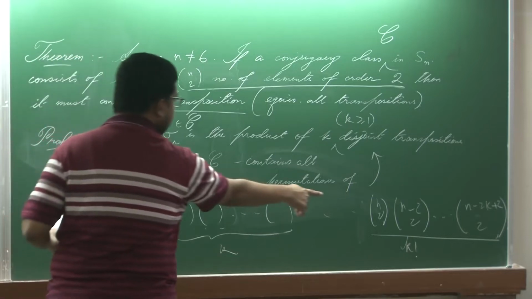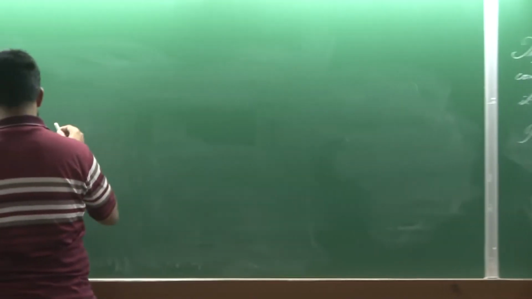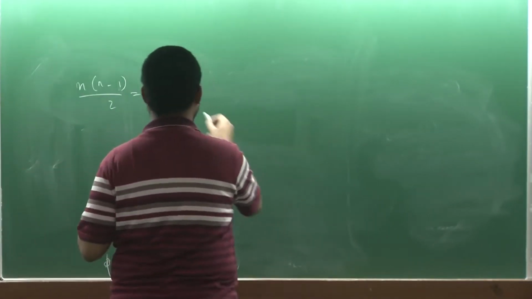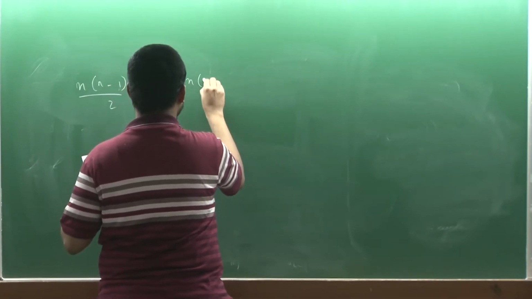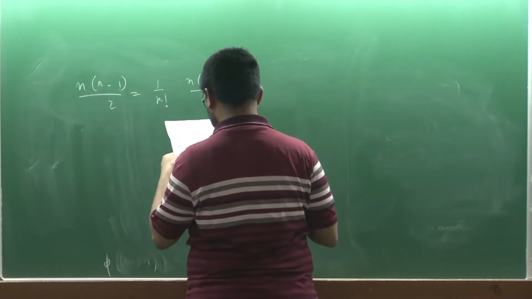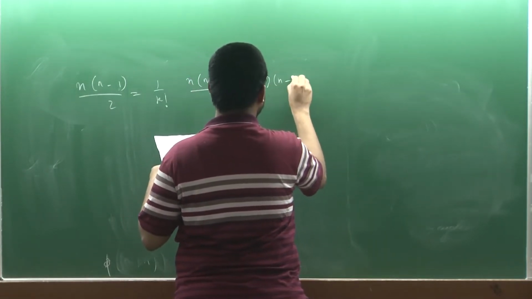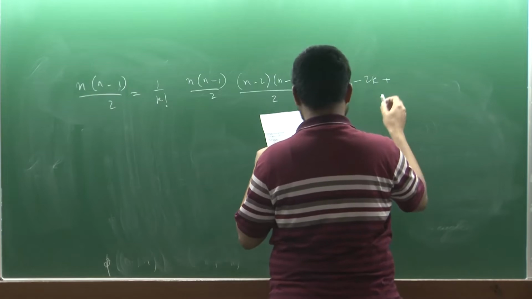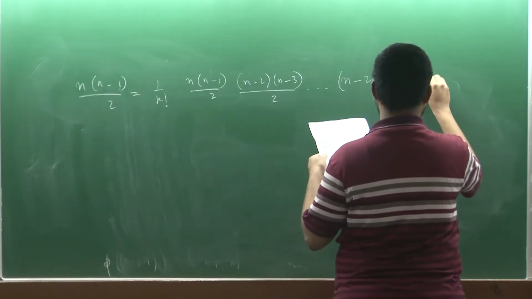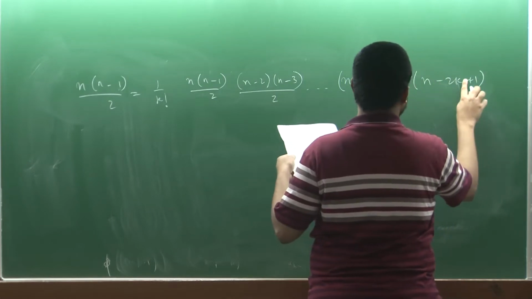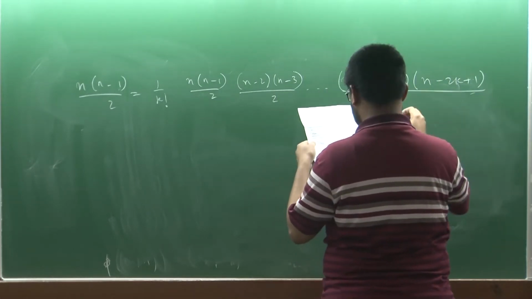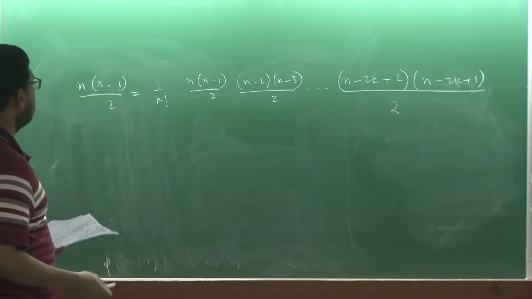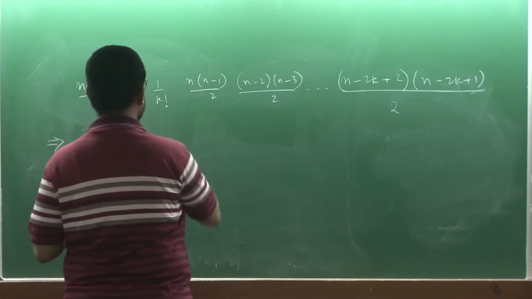Okay. So, by assumption this quantity is n choose 2, therefore, what you get is n into n minus 1 by 2 on one hand, and on the other hand you have the expression above. Then some terms will be cancelled out.